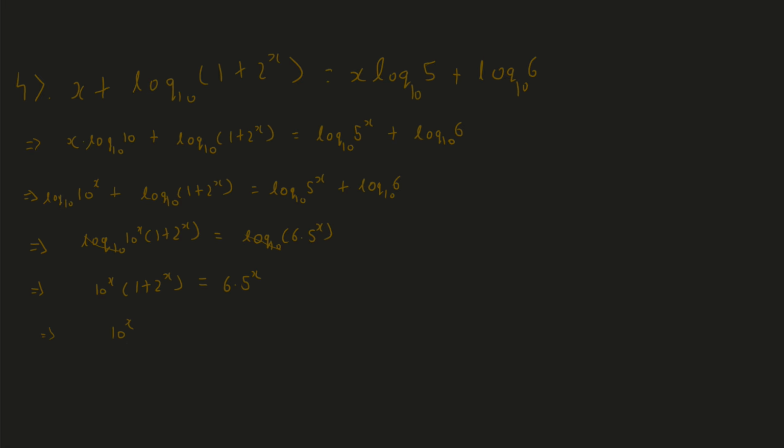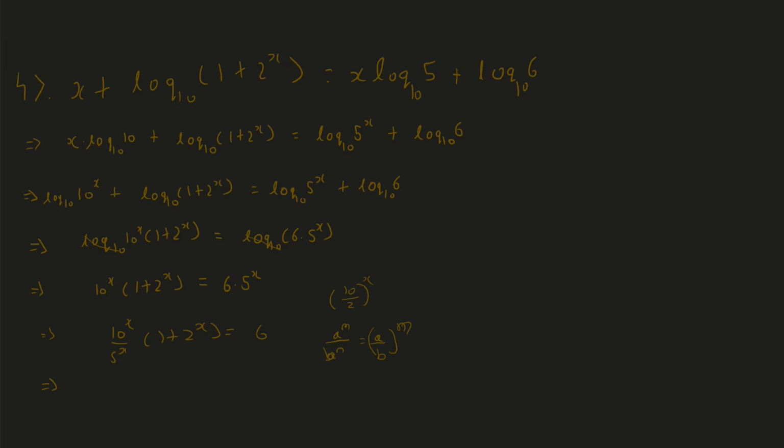We divide this equation by 5 raised to x to get 10 raised to x upon 5 raised to x multiplied by (1 plus 2 raised to x) equals 6. 10 raised to x upon 5 raised to x can just be written as 10 upon 5 raised to x, as we know the property that a raised to n upon b raised to n is equal to a upon b, all raised to n.